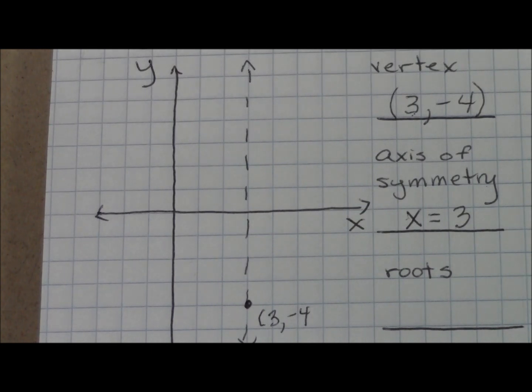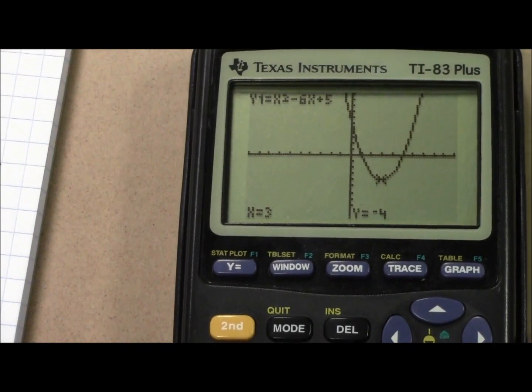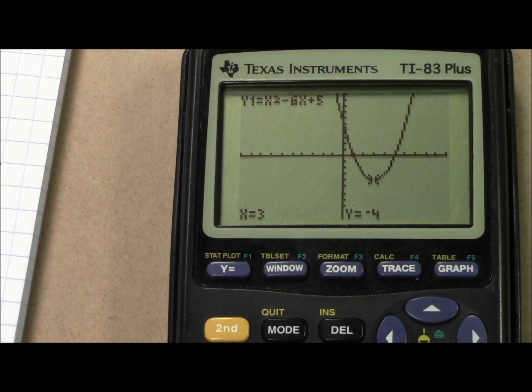Alright, now the next thing that we want to calculate is our roots. Now our roots are our zeros. Those are the points where it intersects the x-axis. So we'll bring our calculator back. And this process is actually very similar to calculating the vertex or the minimum point.